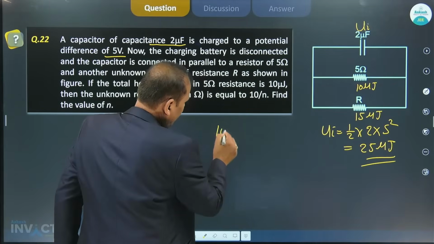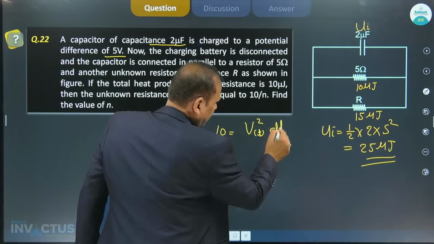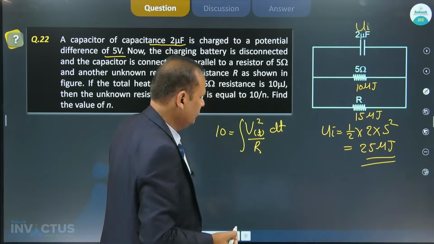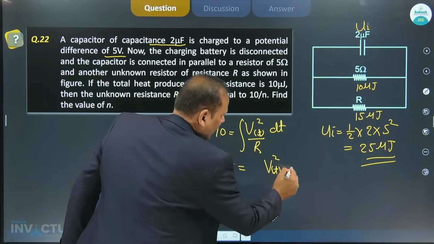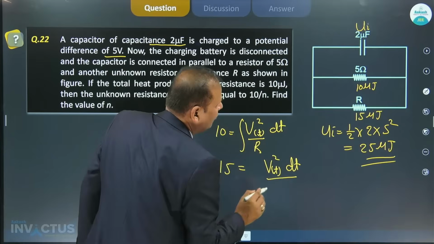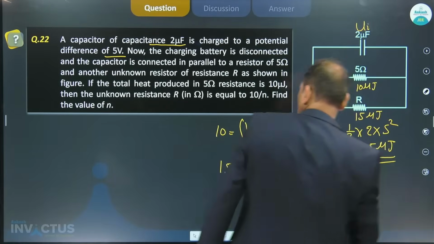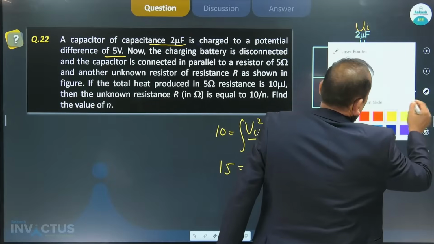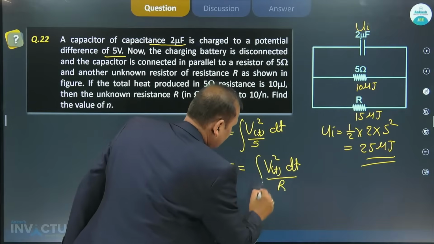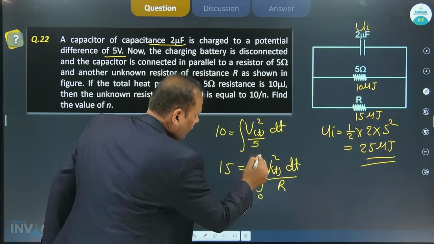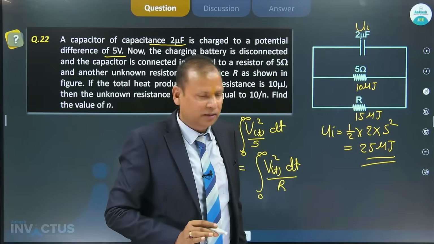So 10 is equal to integral of Vt square by 5 dt, and 15 is equal to integral of Vt square by R dt. This is 5 and this is R. The limits are from 0 to infinity, because the capacitor will take infinite time to discharge mathematically.